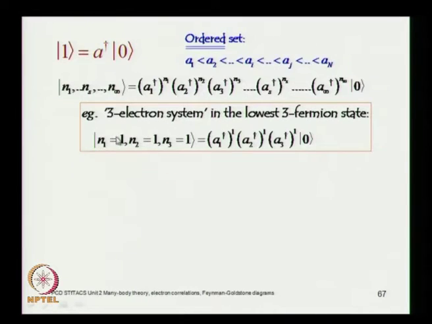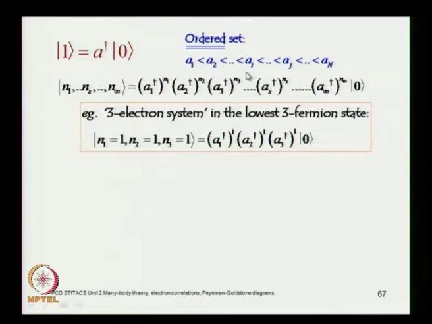So, I have n1 equal to 1, n2 equal to 1, n3 equal to 1, and all the other ones are 0, which means that you have these 3 creation operators which operate on the vacuum to give you this state, and the creation operators for all the other single particle states are missing. So, their powers in this expression would be 0, which would give you a unit operator.